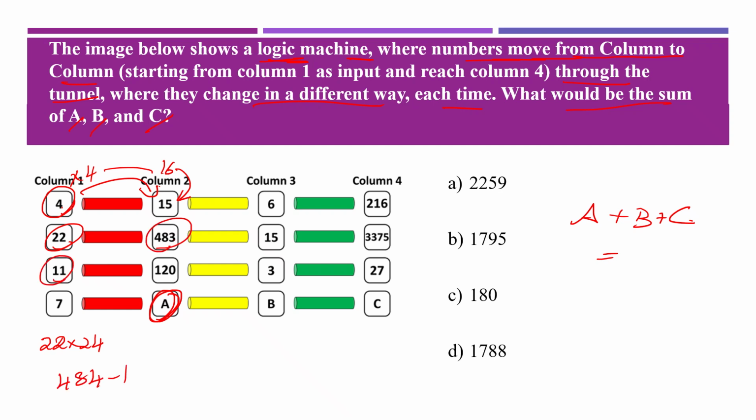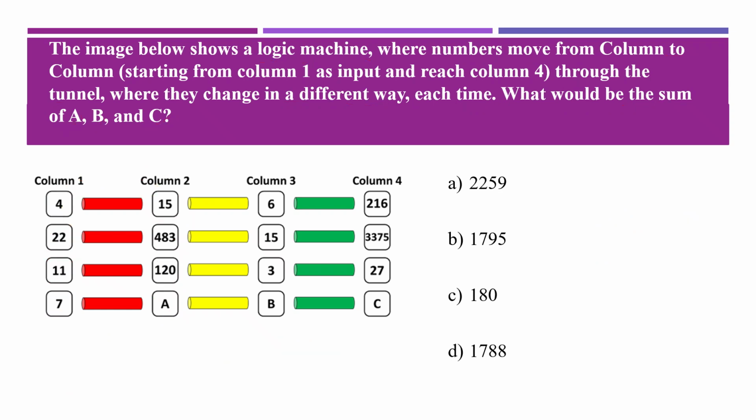Coming to the next, 11 times 11, which gives me 121 minus 1. Okay, this is 22 into 22, not 24. And here 7. So 7 times 7, which is 49, but 1 less than that is 48. The value of A is 48.